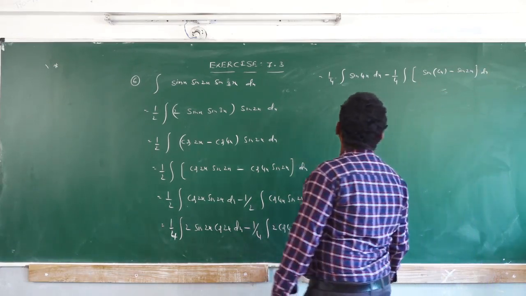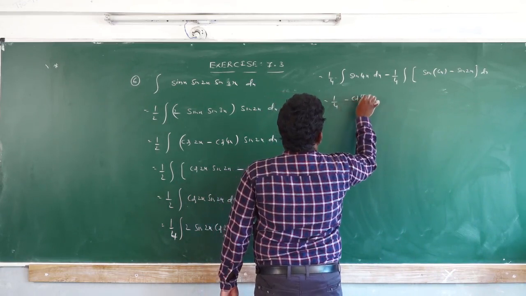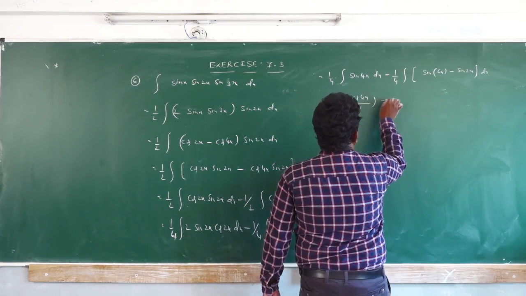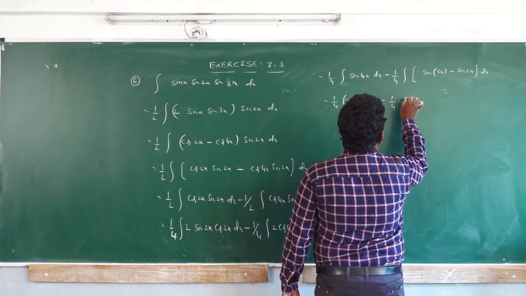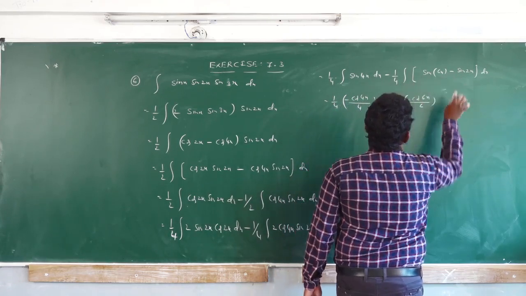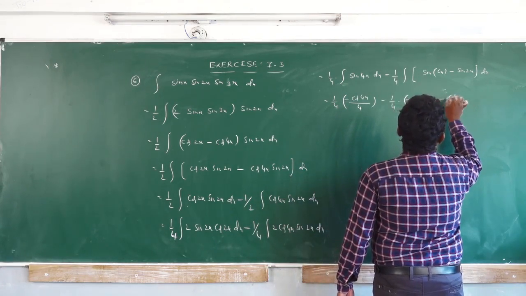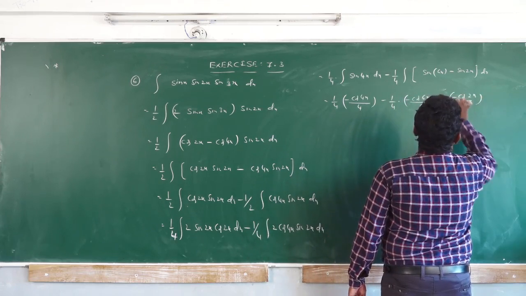Now that is equal to 1 by 4 into minus cos 4x by 4, minus 1 by 4 into minus cos 6x by 6, and minus into minus is plus, but minus is there, minus into minus cos 2x by 2, plus c.